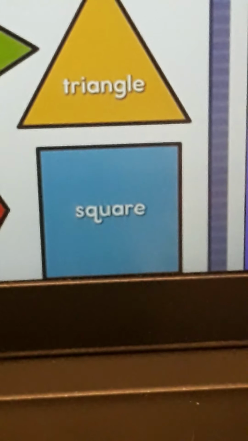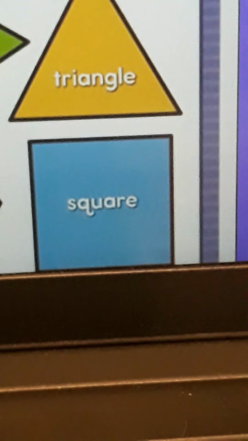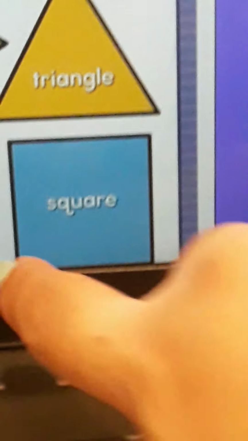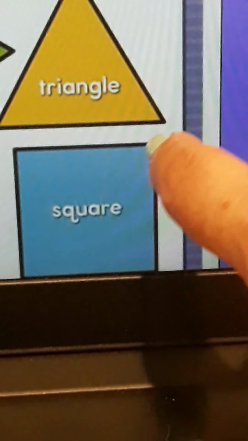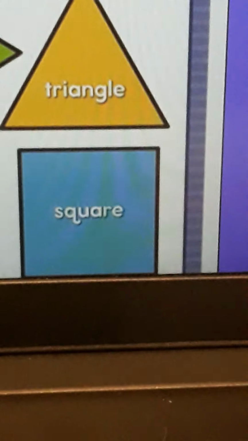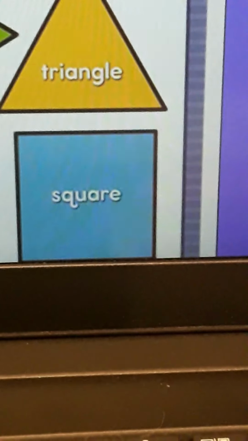What about the square? What can I do to the square? If I cut it diagonally right across this way, we would have 2 triangles. Yeah, do you see it, boys and girls?